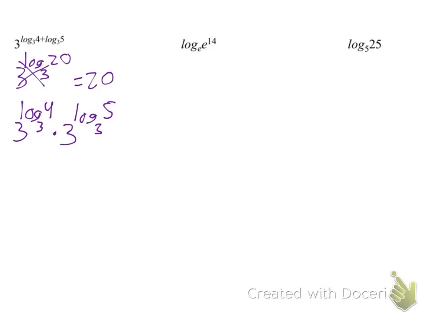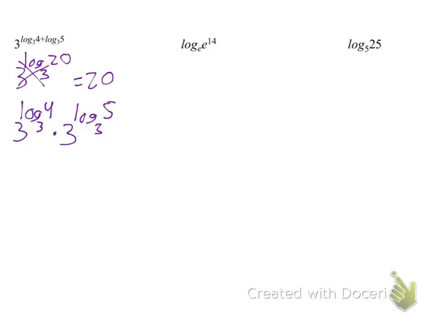Could I say it's 3 to the power of log base 3 of 4 times 3 to the power of log base 3 of 5? If I multiply those bases, I would have to do what to those exponents? Add them. And so in reverse, I split it into its own base, but it has to be multiplied between them.